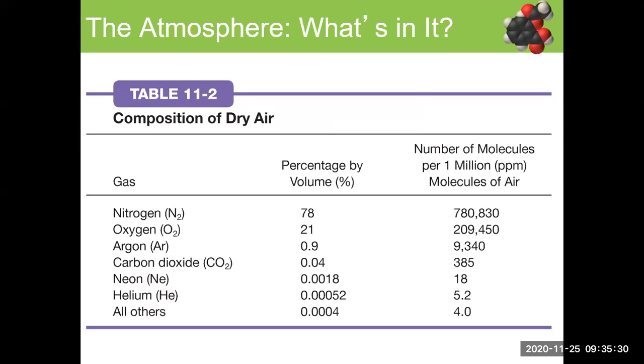So even though we say I need oxygen, because you do need oxygen, the air we breathe is mostly nitrogen, and oxygen is the second most prevalent component. There's a whole bunch of other things: a little bit of argon, a little bit of CO2, neon, helium, and an assortment of others, but on a percentage basis those others are pretty small. So it's mostly nitrogen, followed by oxygen.